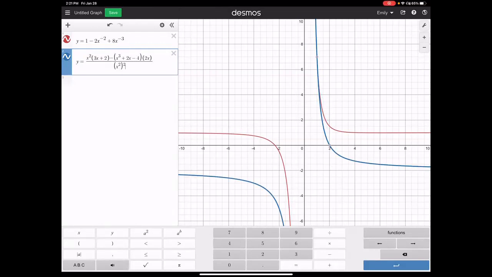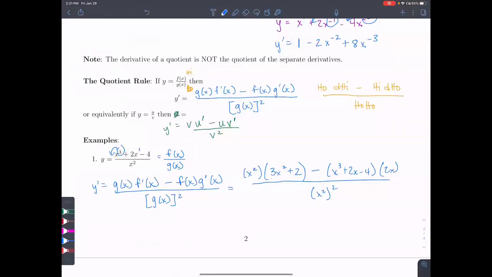Uh-oh. Hmm. X squared minus 8. I don't know why those don't match.